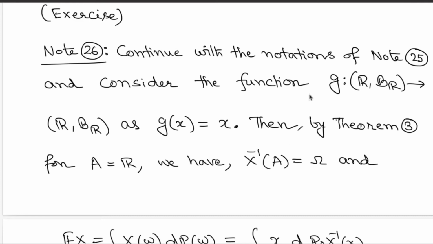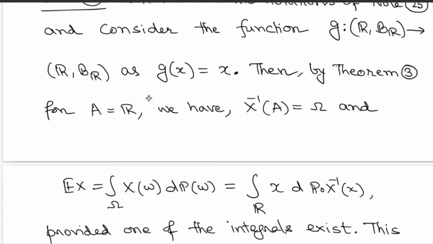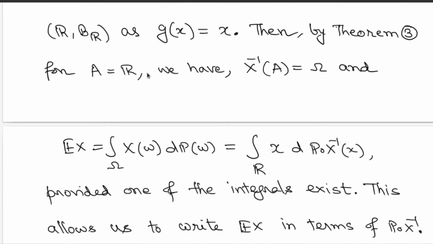Alright, now continue with this situation. Now choose this function g from the real line to the real line itself and assume that it's Borel measurable. So choose this function g to be x itself, the identity function. Then by Theorem 3, for the whole range side, take the set A to be the whole range side. Then what is the pre-image?